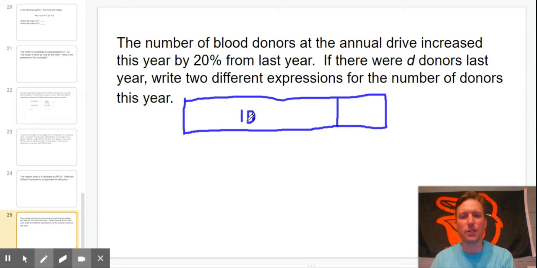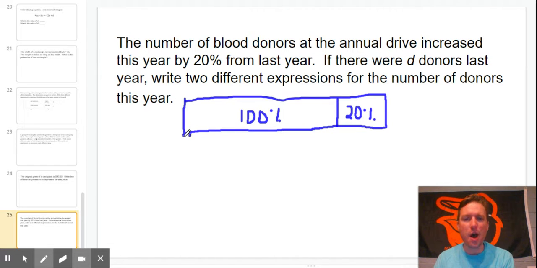So this was last year. I had 100% participation. And then this piece right here was the increase of 20%. Because there was 100% last year, that would be all of this, and then it increased by 20 more.